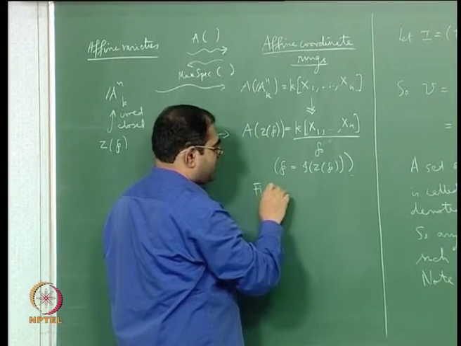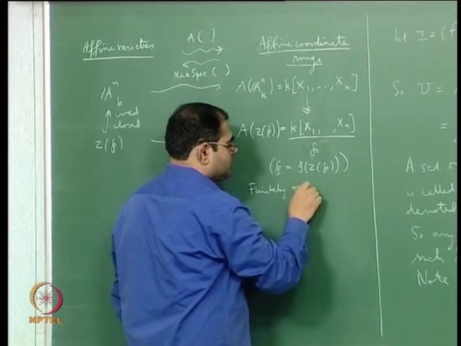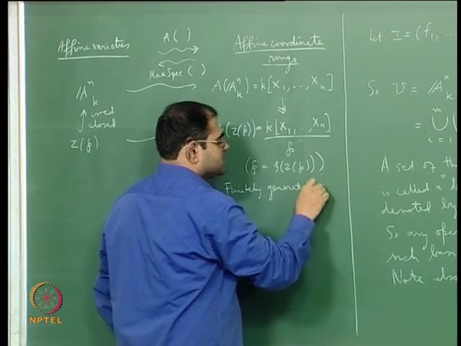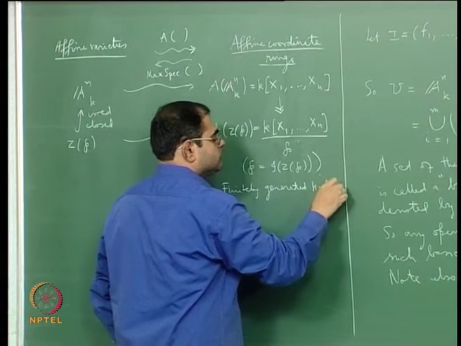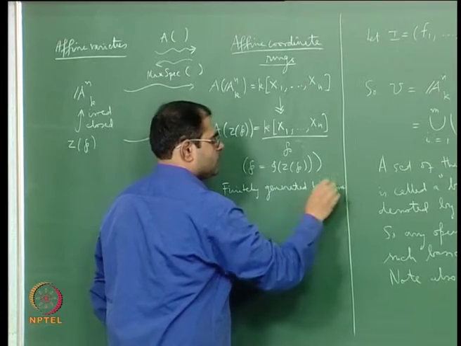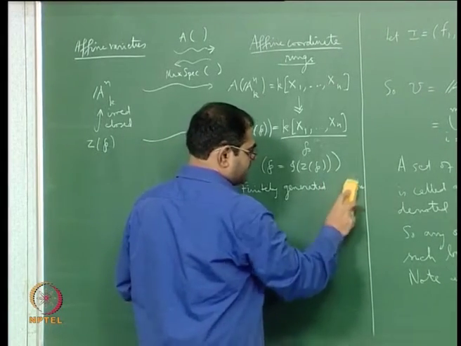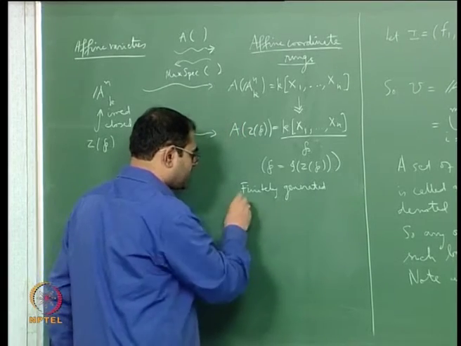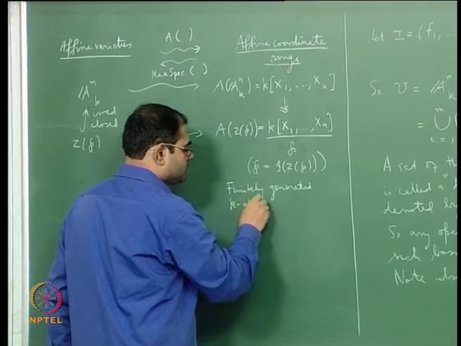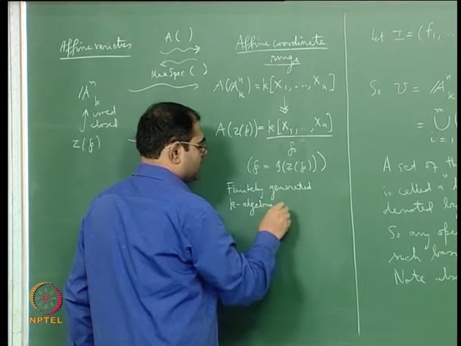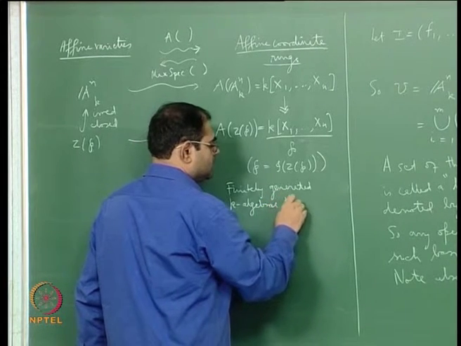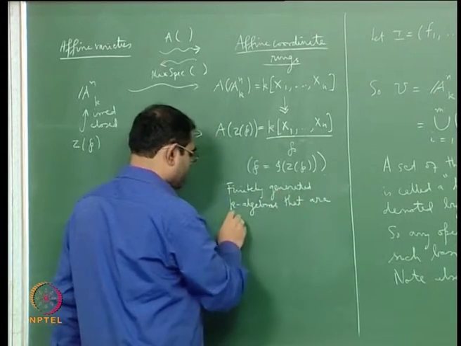Okay, so let me write that here. If you take a finitely generated K algebra, there isn't enough space here, so let me write it in the next line. Finitely generated K algebras that are integral domains.